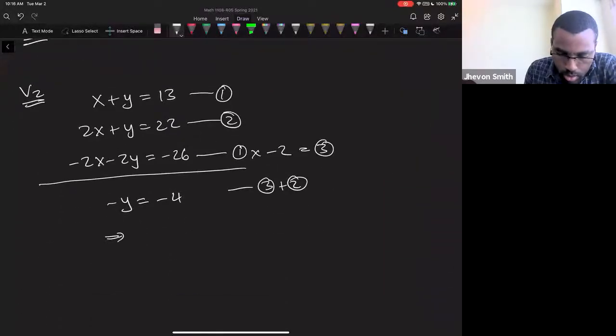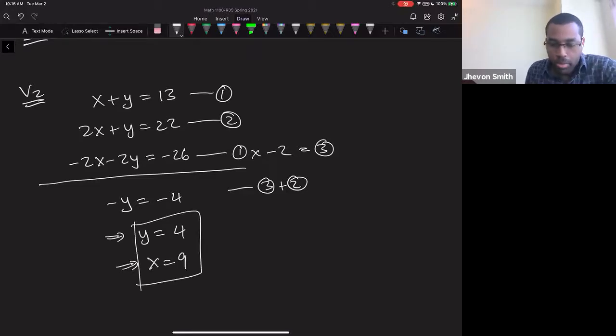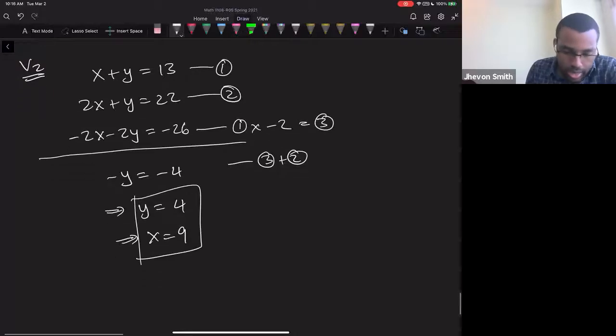Okay, so my y equals 4. And so this means that my x must be 9, because my x plus y must be 13, my y is 4, my x must be 9. So that tells you that our V2 is (9, 4).